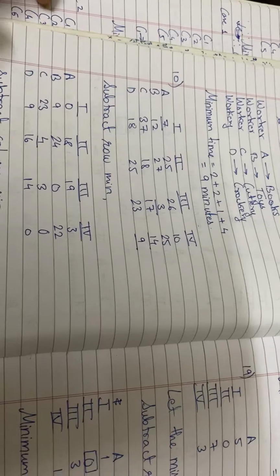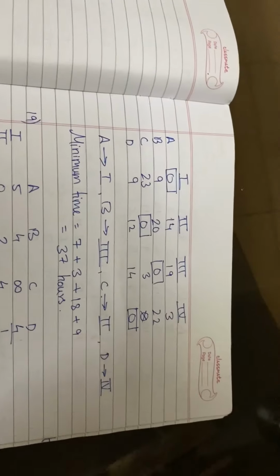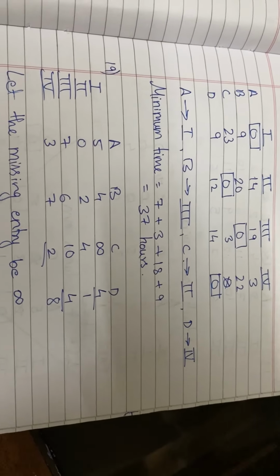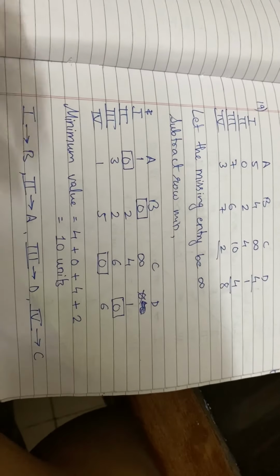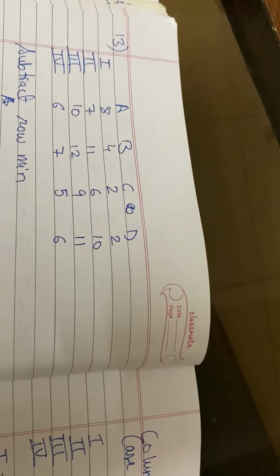You can even pause the video. I'm taking it quick, but you can pause and solve. I'm showing you the answers too, but if you're practicing, just look at the question and solve it on your own.